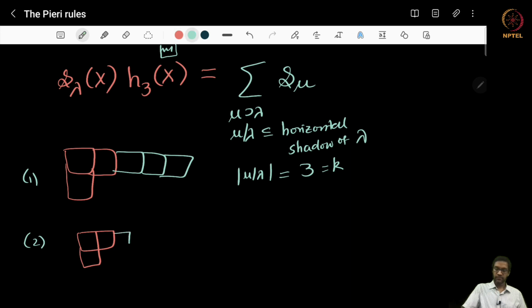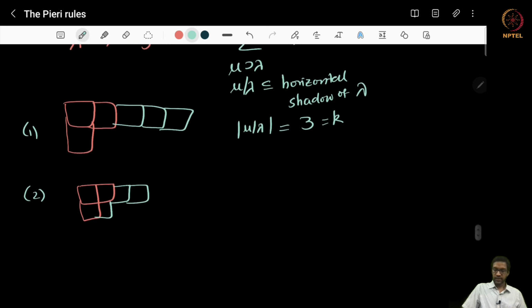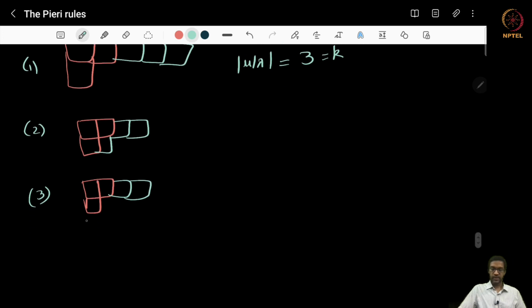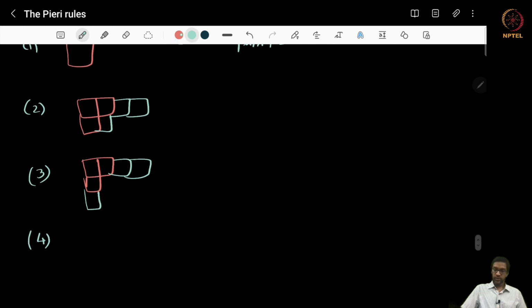Third possibility, and I start with mu. I attach 2 in this, then 1 in the other one. Fourth possibility, let's see, what else can I do? Can I attach 2 in the same row? Beyond this, I don't suppose so, because the horizontal shadow doesn't have that much room.